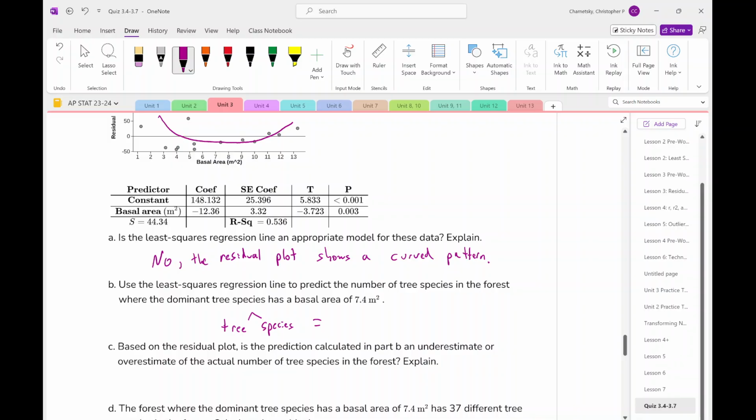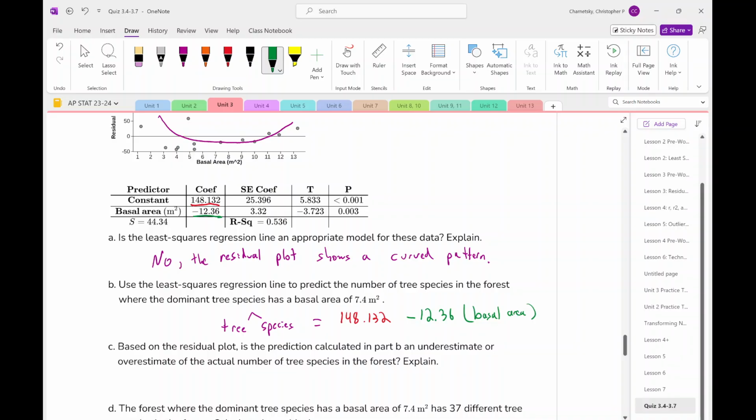Tree species hat equals, so our constant, or y-intercept, is right here, 148.132, plus the slope right underneath it. So that's our basal area slope. So actually, let's put a minus 12.36 times the basal area. So there's our equation.